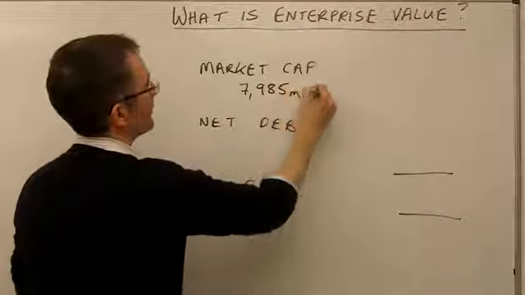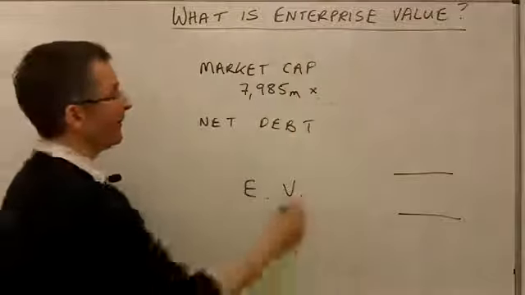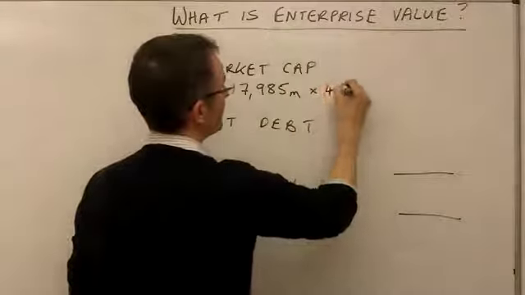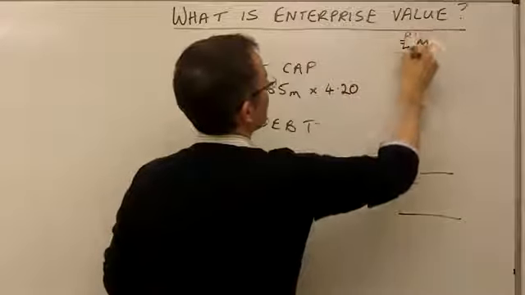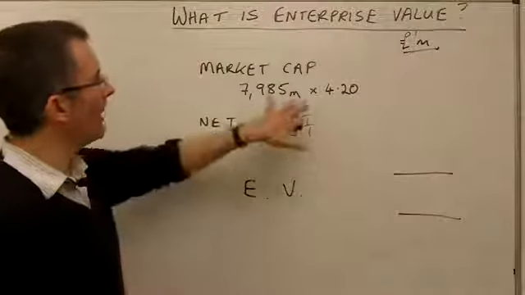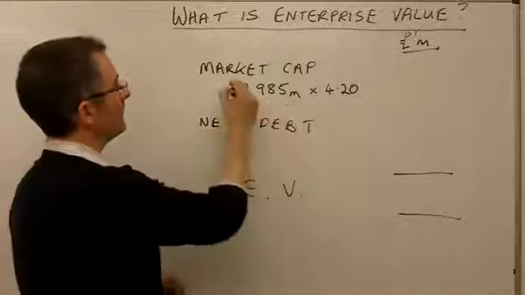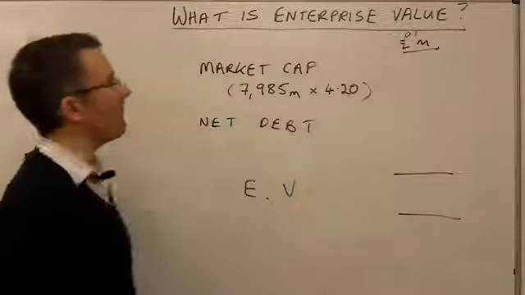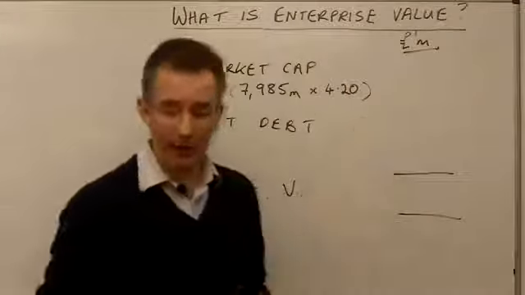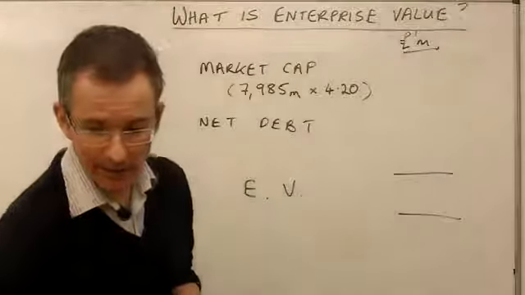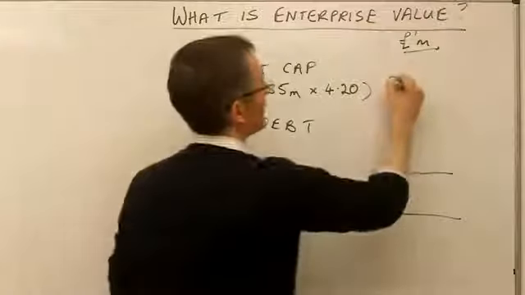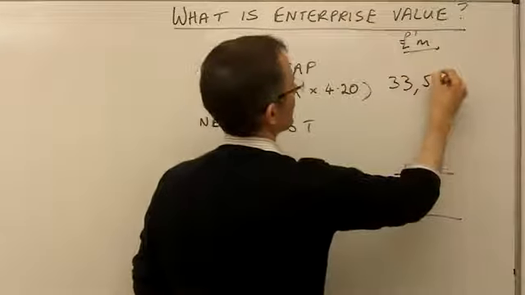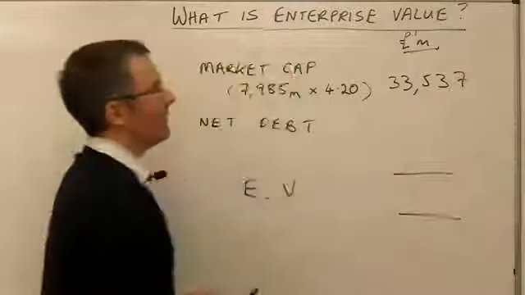That's millions. The share price then was £4.20. And therefore, the market capitalisation at February 2010 for Tesco was a fairly chunky 33,537, all in millions.